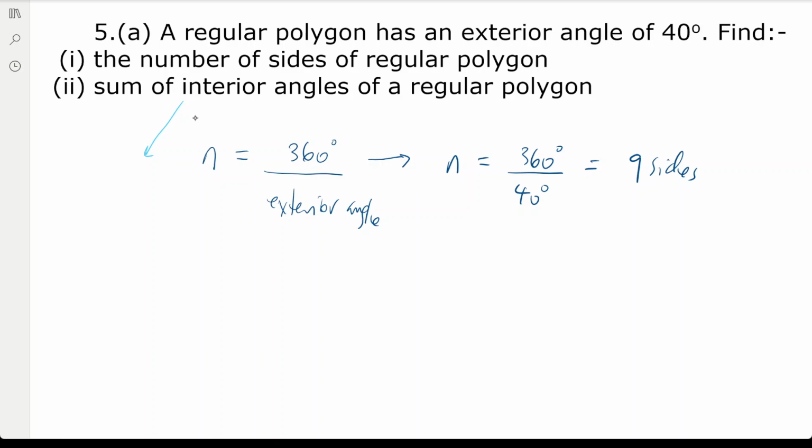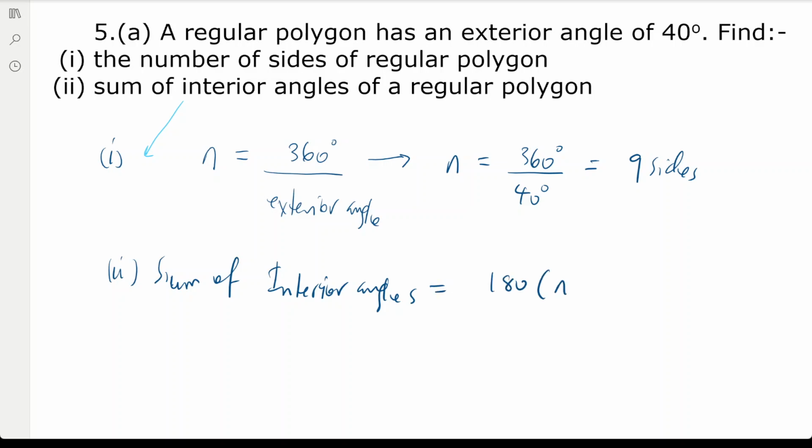And in part 2, we are supposed to find the sum of interior angles of a regular polygon. For this one, we are going to use the formula: sum of interior angles equals 180 multiplied by n minus 2. For this case, you take 180 multiplied by 9 minus 2.